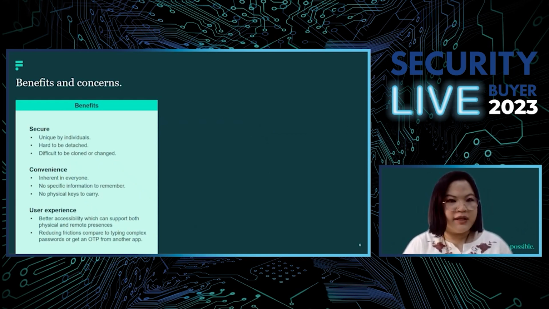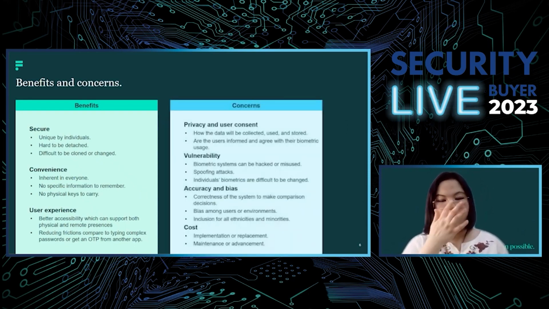So there are benefits of using biometric, but on the other hand, there are also concerns when using biometrics, such as the privacy and user consent. It's different in every country that we have the regulations defining how to control user privacy and control the sensitive data of the users. And also biometric systems can introduce some vulnerabilities to the users.